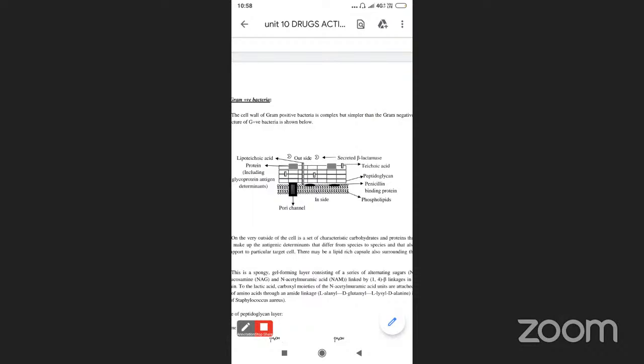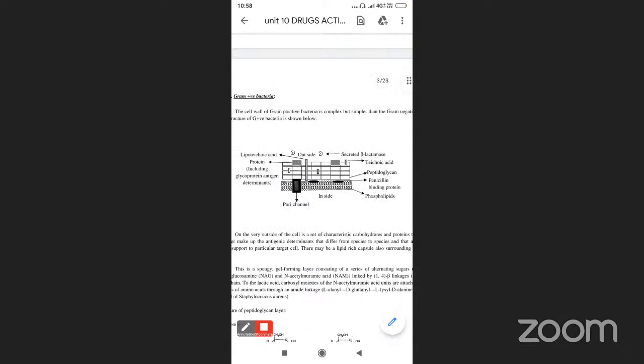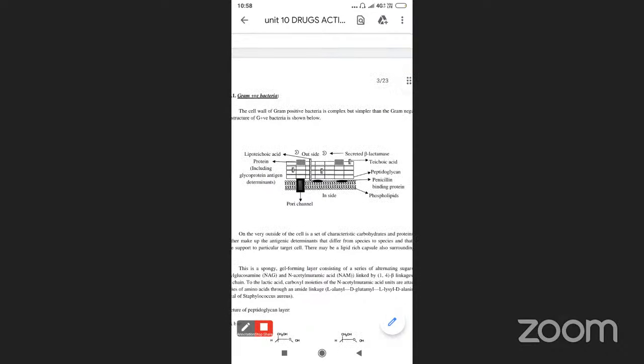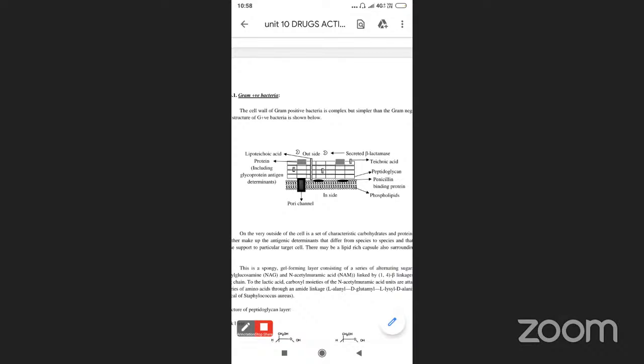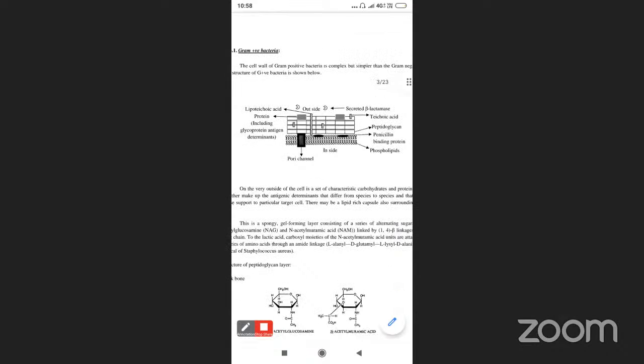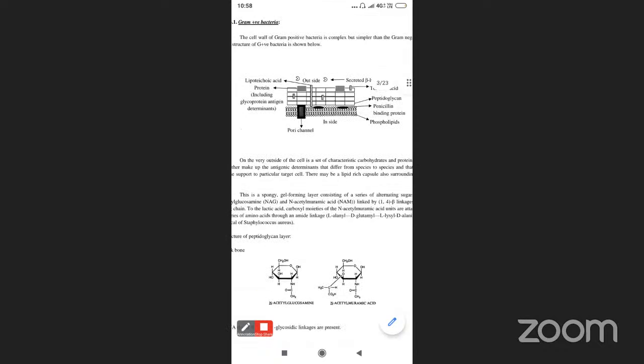These are some of the components of gram positive bacteria. And if you see the gram negative bacteria structure, it is more complex, right?